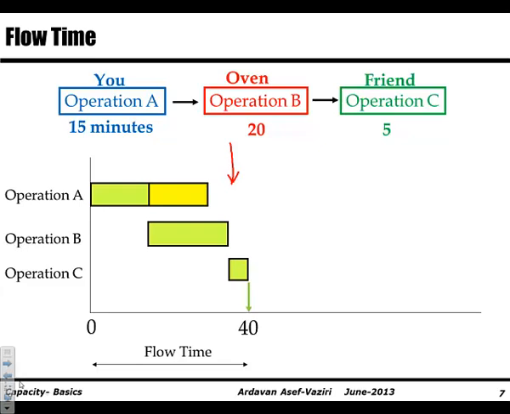At minute 30, you are done. You should wait until minute 35, and then at 35, you put the next batch into the oven. It will be in the oven until minute 55.